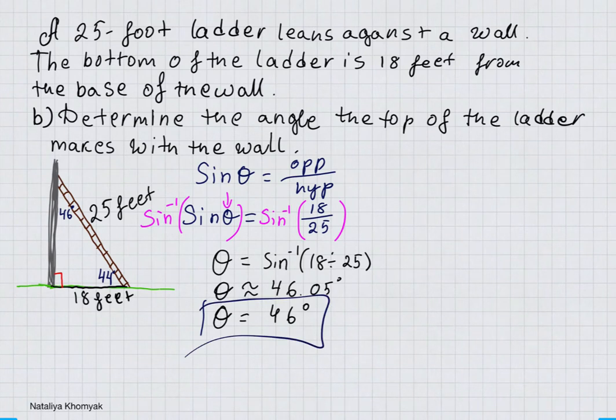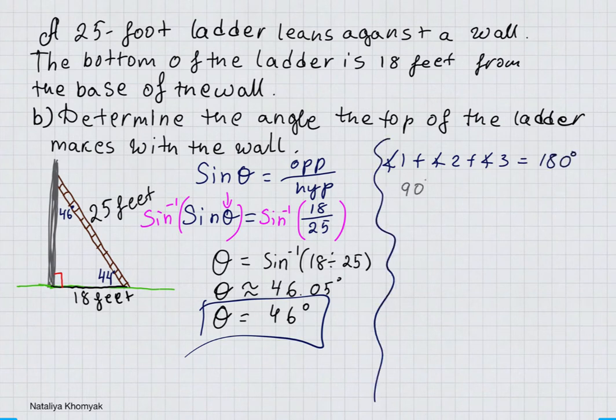You should note that if you have 2 out of 3 angles, you could also subtract them from 180, since angle 1 plus angle 2 plus angle 3 is equal to 180 degrees. First angle was 90 degrees plus 44 that we have found from a previous part of this question, plus our third angle that we were just looking for, and it had to be equal to 180.